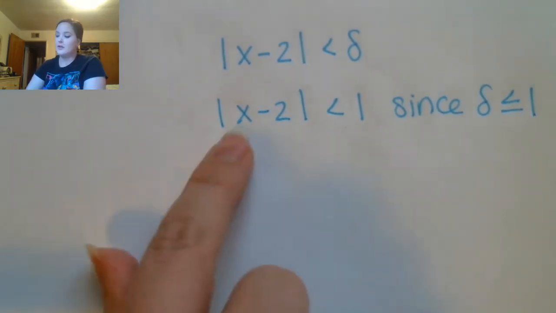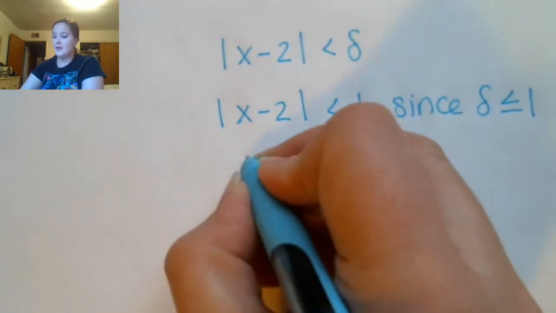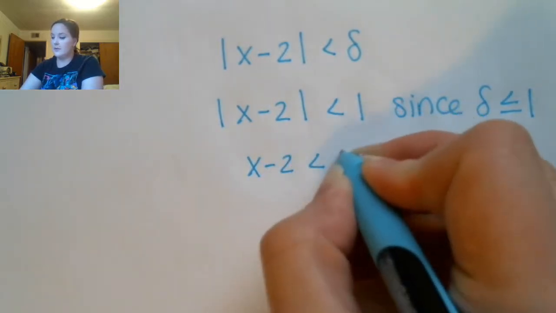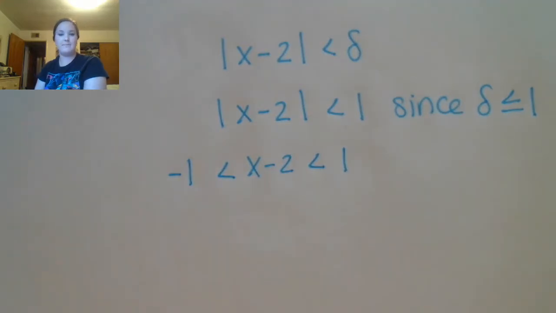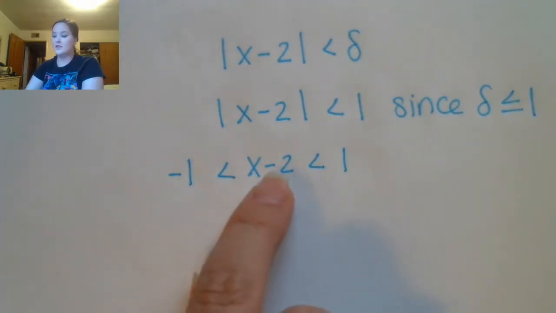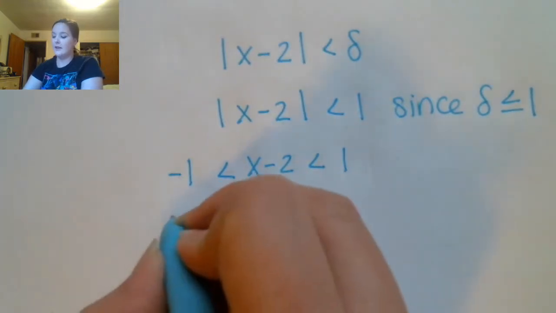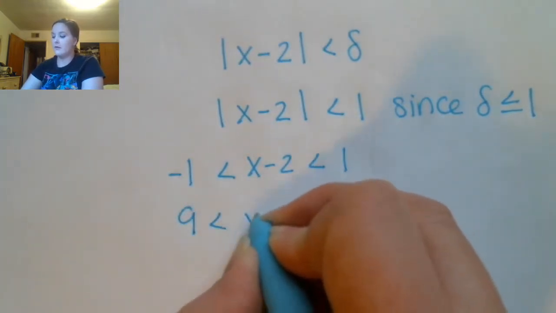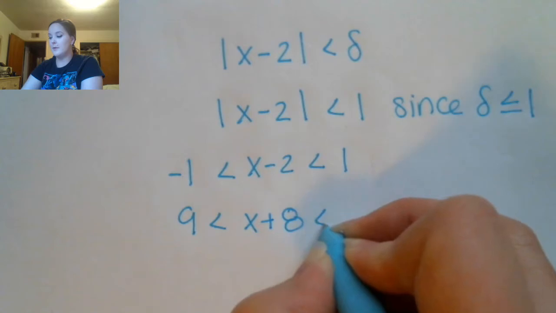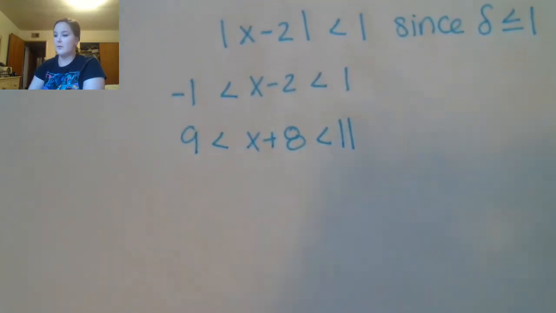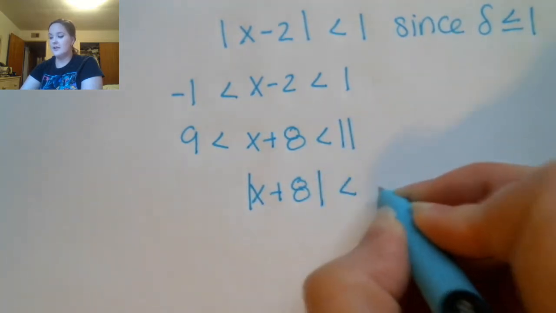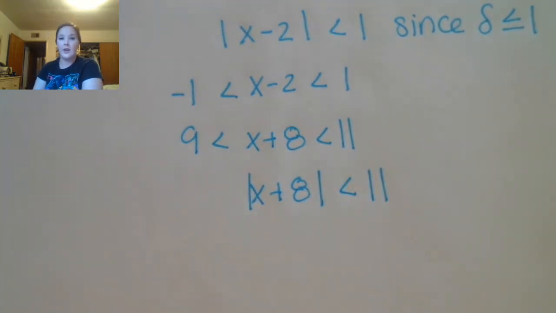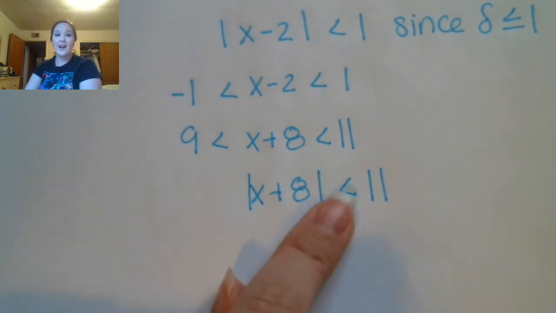Now we're going to split this up, and turn this into x plus 8 by adding 10. Then we conclude that the absolute value of x plus 8 is less than 11.